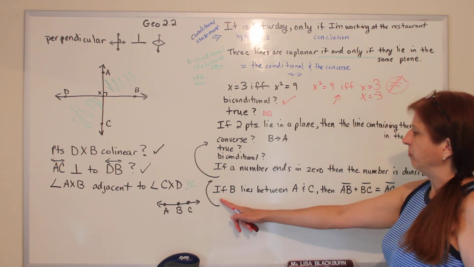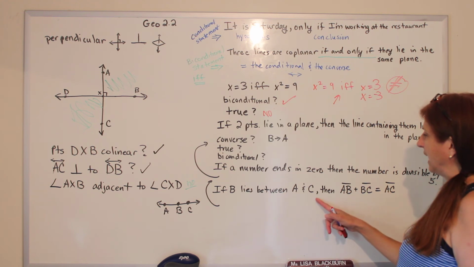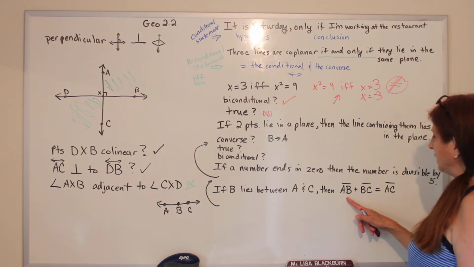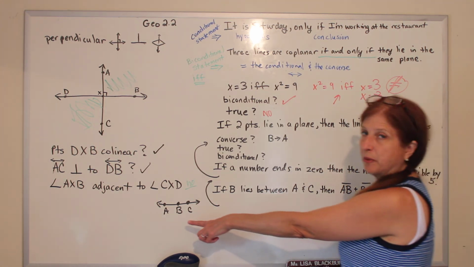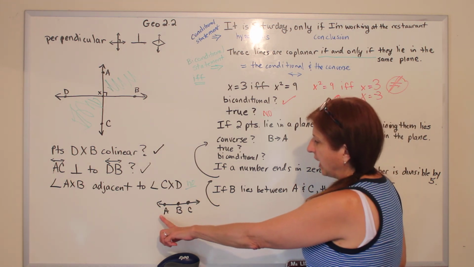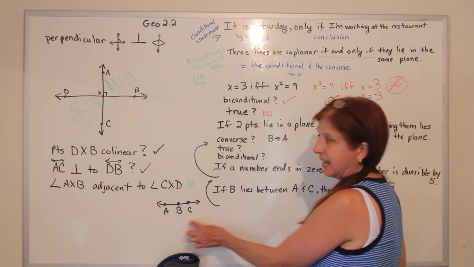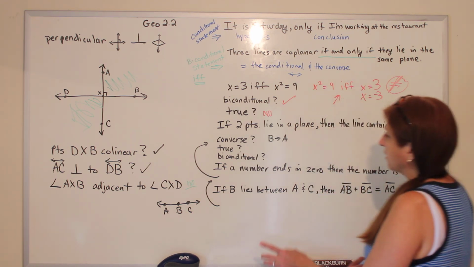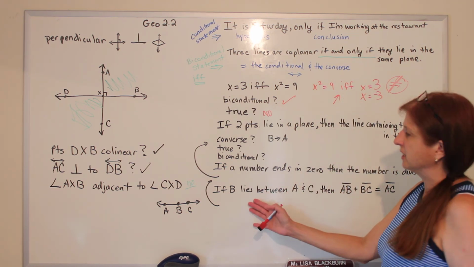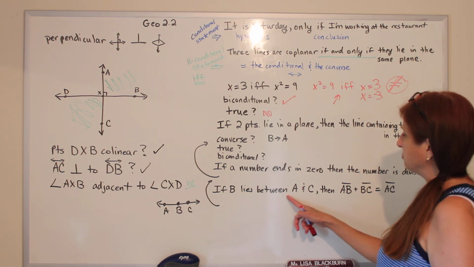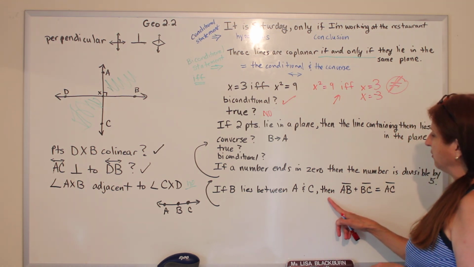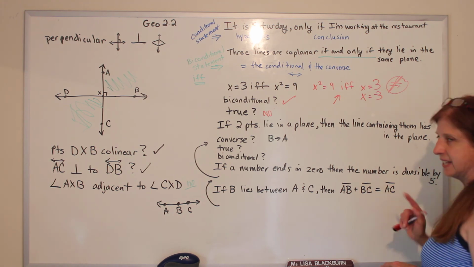Let's try this one. If B lies between A and C, then AB plus BC is AC. We're talking about this number line. If B lies between A and C, then AB plus BC is AC. Do you see that? Okay, so now let's write it as a biconditional statement. B lies between A and C if and only if AB plus BC is AC.